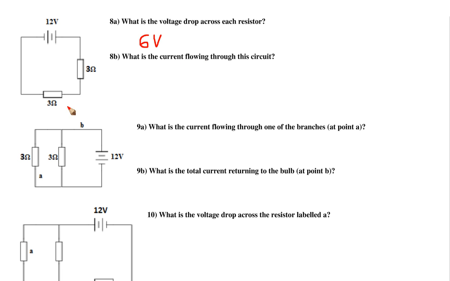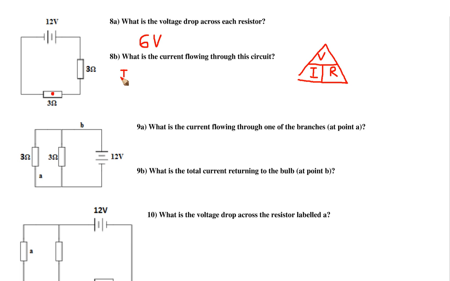Well, what we can do is we can work out the current flowing through one of the resistors. So we can work out the current flowing through, say, this resistor here. So again, we use our triangle. So we say V, I, R is our triangle. And in this case, I want the current.